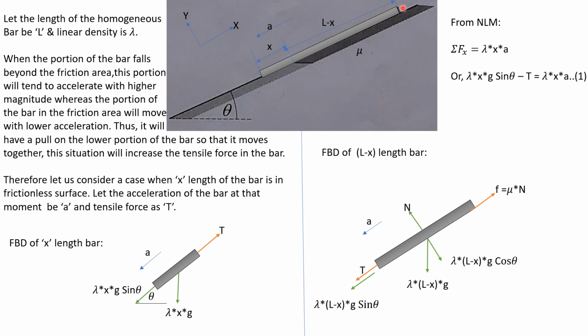Acceleration, we have assumed that the entire bar, because it is an integral part, is moving down with an acceleration a along the inclined plane.